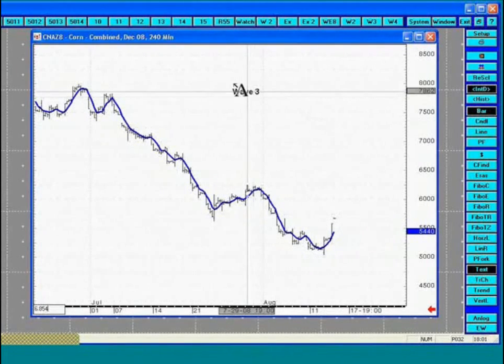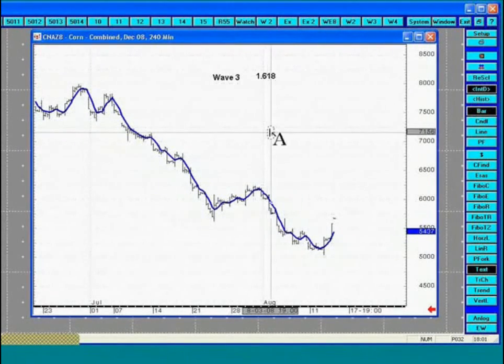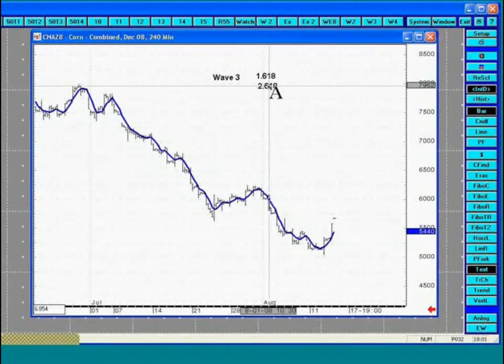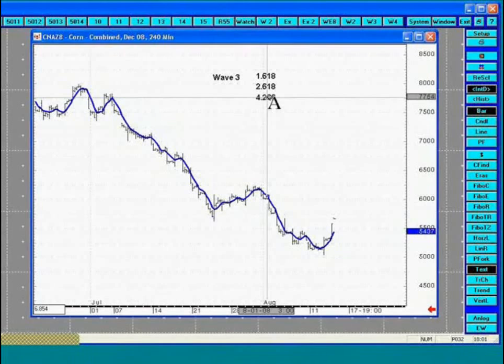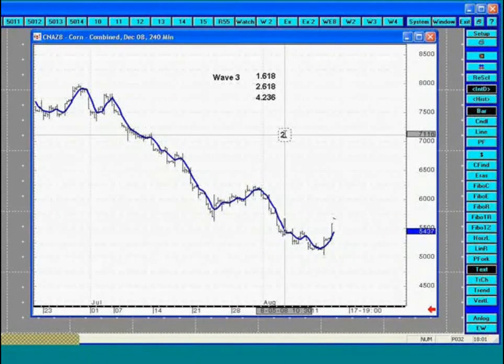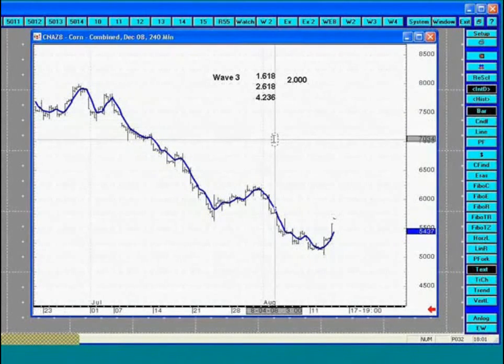For wave 3, what we typically do is we measure the distance traveled in wave 1, extend that distance from the extreme of wave 2, and the multiples we tend to use for wave 3 are 1.618, 2.618, and I would say 4.236. Now, to a lesser extent, on occasion I do see 2.0. We'll put that off to the side over here. On occasion I do see it, but it's relevant enough, so I'll include that.